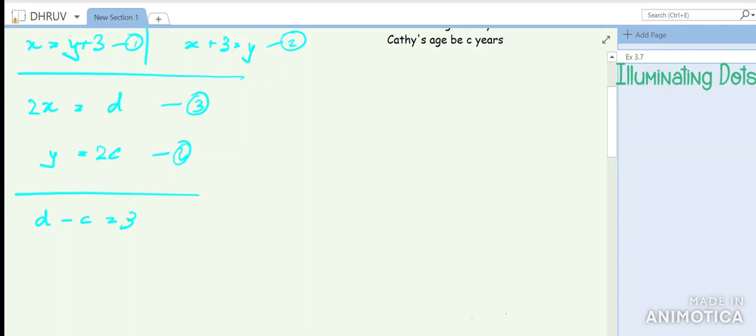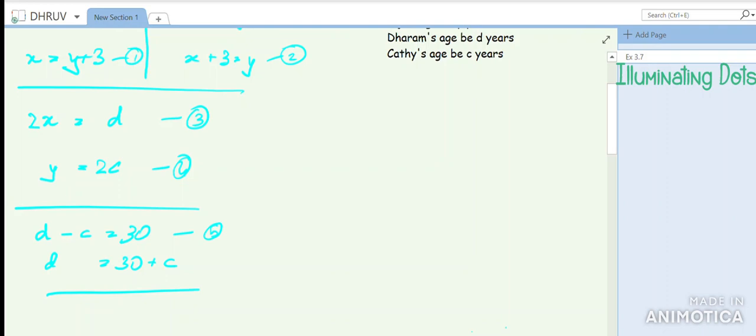We simplify it further, so D is equal to 30 plus C. I got this much here, and this was the fifth equation. Now we can also simplify y equals 2c further as y upon 2 is equal to c, so 2 came to the LHS. This we will suppose as the fourth equation.